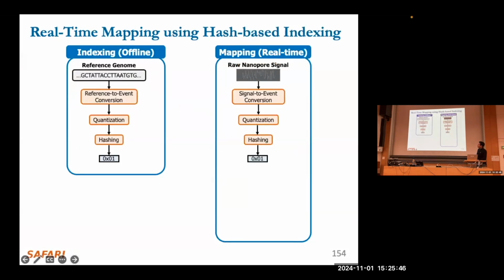And this is an overview of the steps when we're performing real-time mapping while the sequencing is happening in RawHash without base calling. Essentially, we convert the reference genome into its signal representation, so we know what each sequence should look like in terms of its signal.